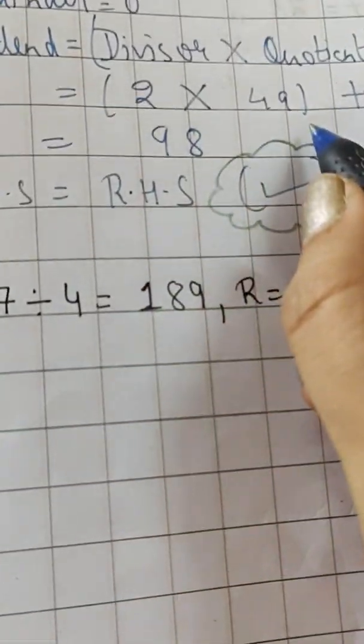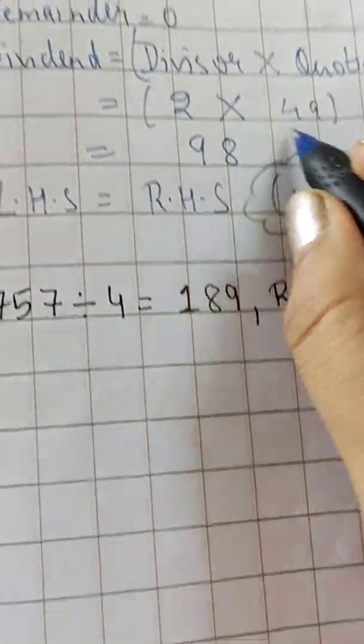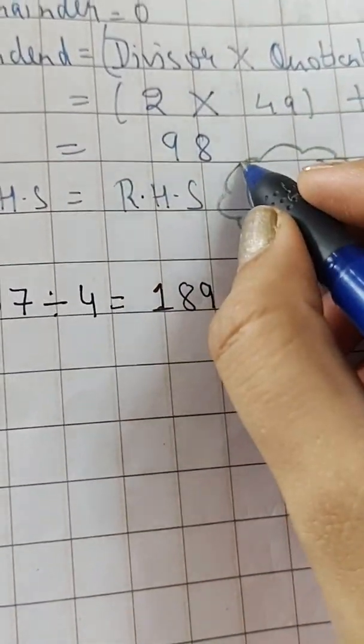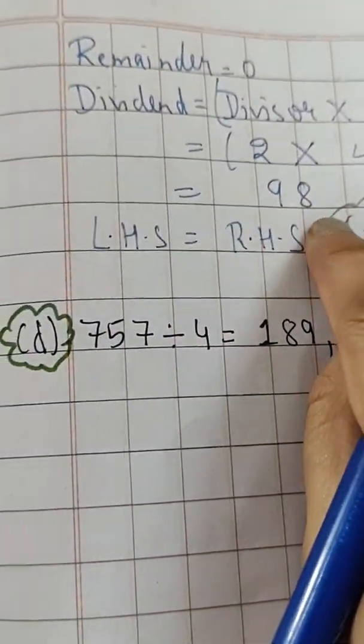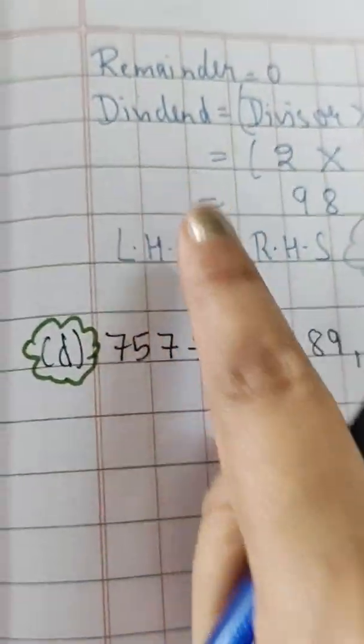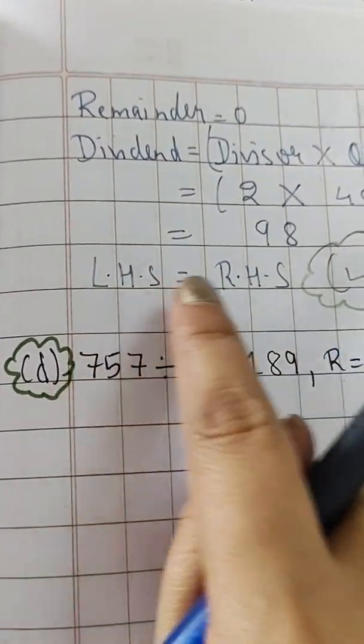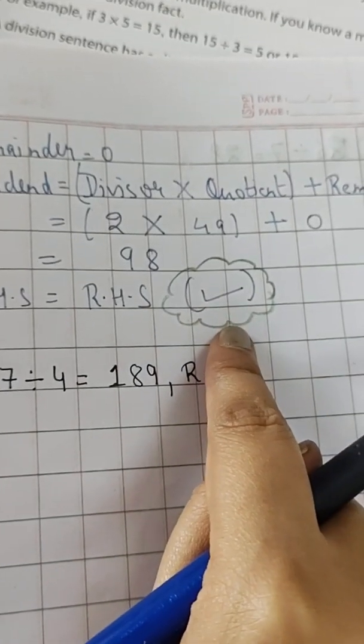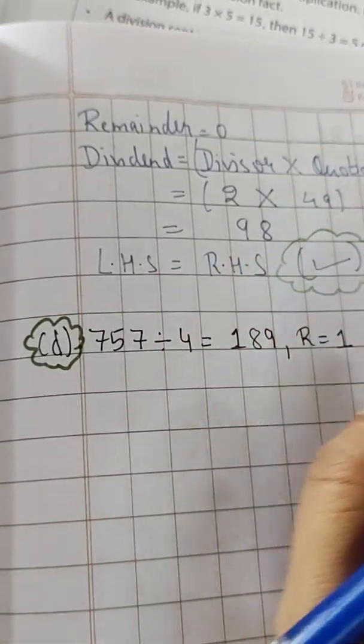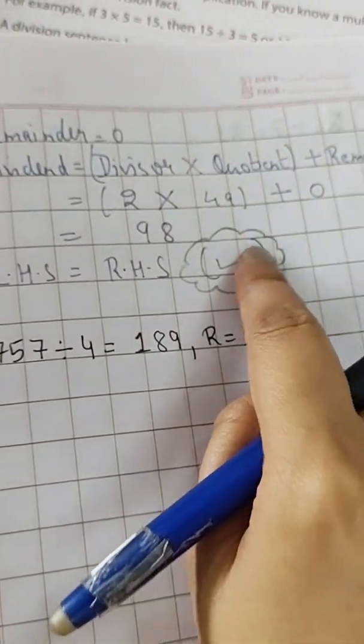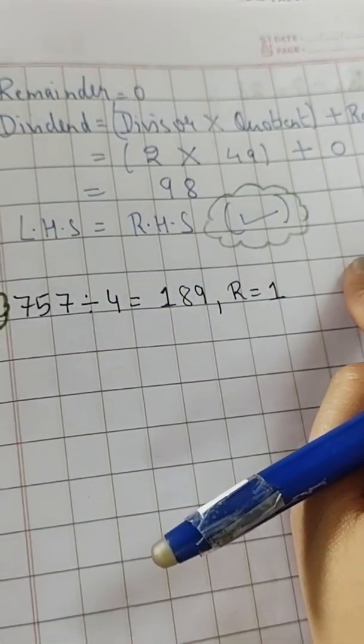As you can see, it is equal to your dividend, meaning LHS is equal to RHS. You will put a tick here and you don't need to write the correct sentence. Only when you are getting it wrong will you write the correct sentence.